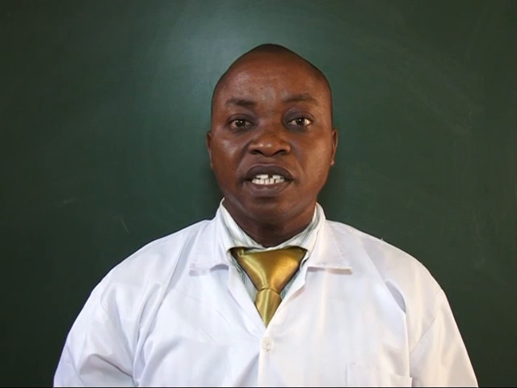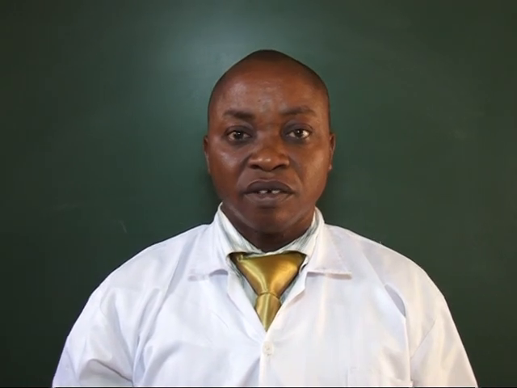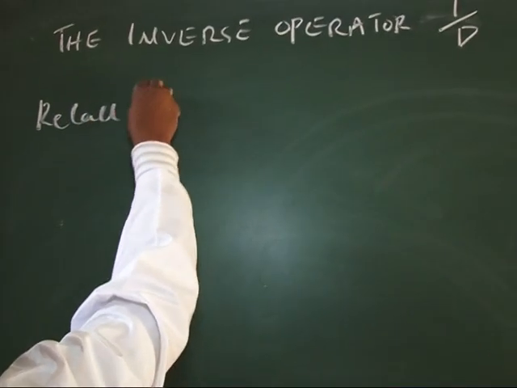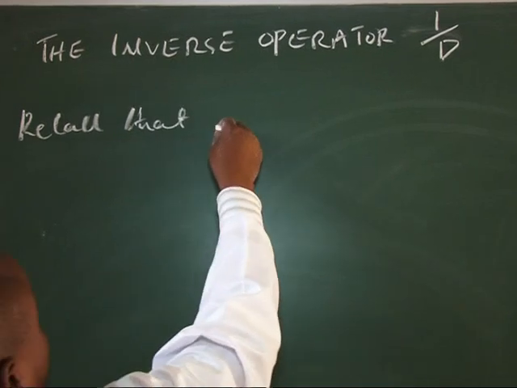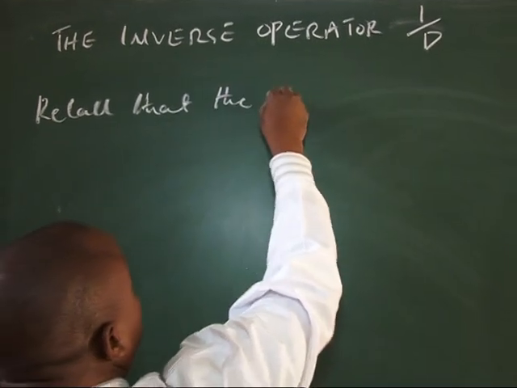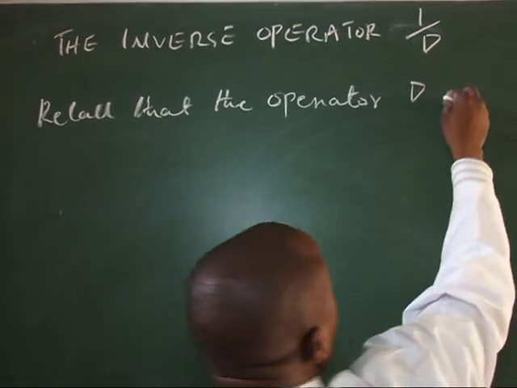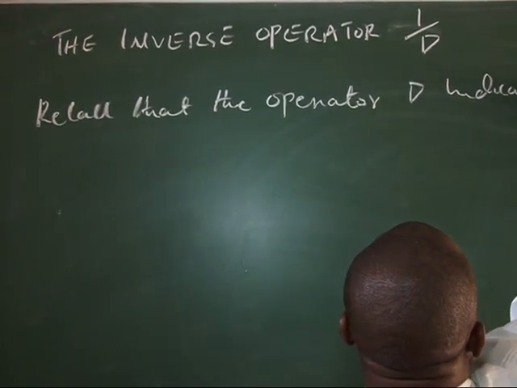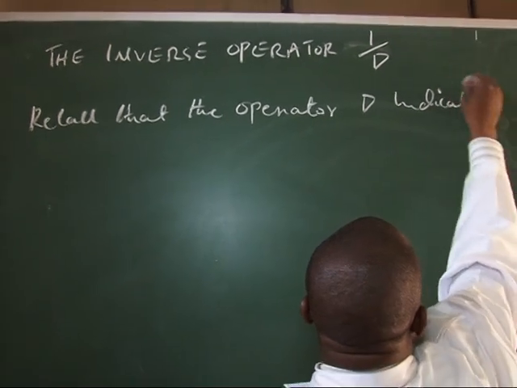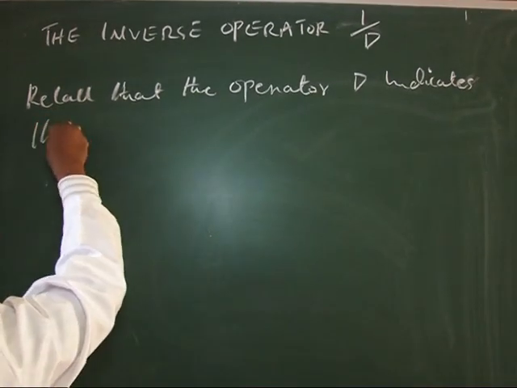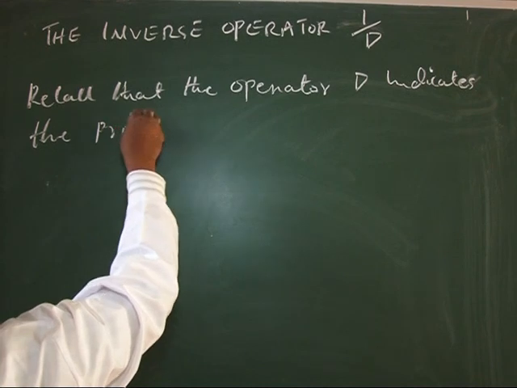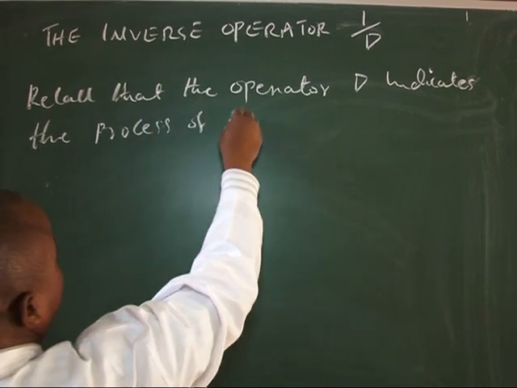The next one we are taking now is the inverse operator. Okay, recall that the operator D indicates the process of differentiation.